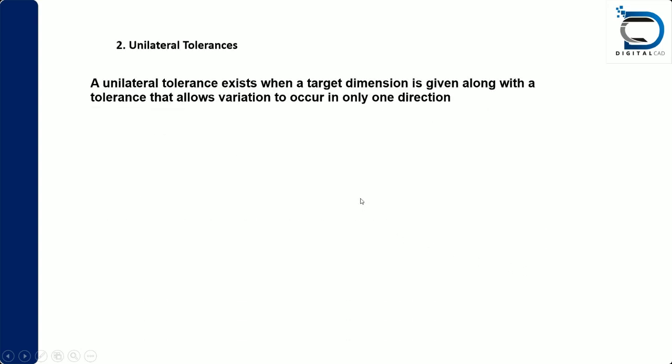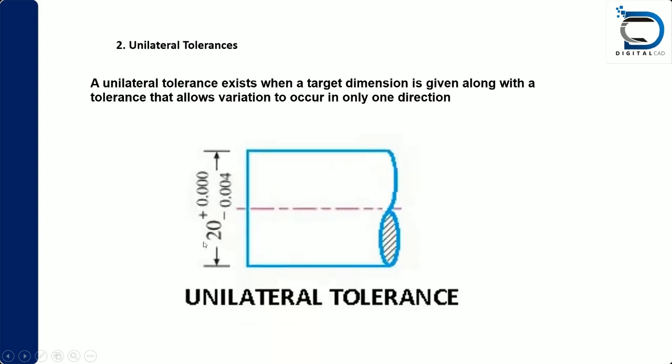Next is unilateral tolerance. Unilateral tolerances exist when a target dimension is given along with a tolerance that allows variation to occur in only one direction. There are two directions, one largest and one lowest, or upper limit and lower limit. In this image you can see 20 plus 0.000 minus 0.004.